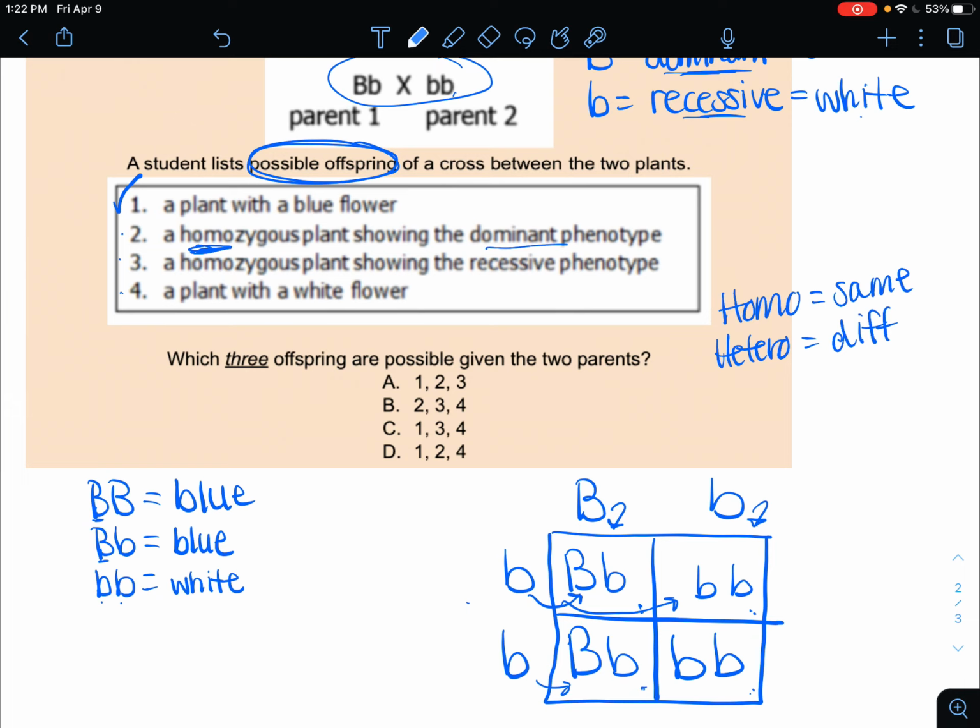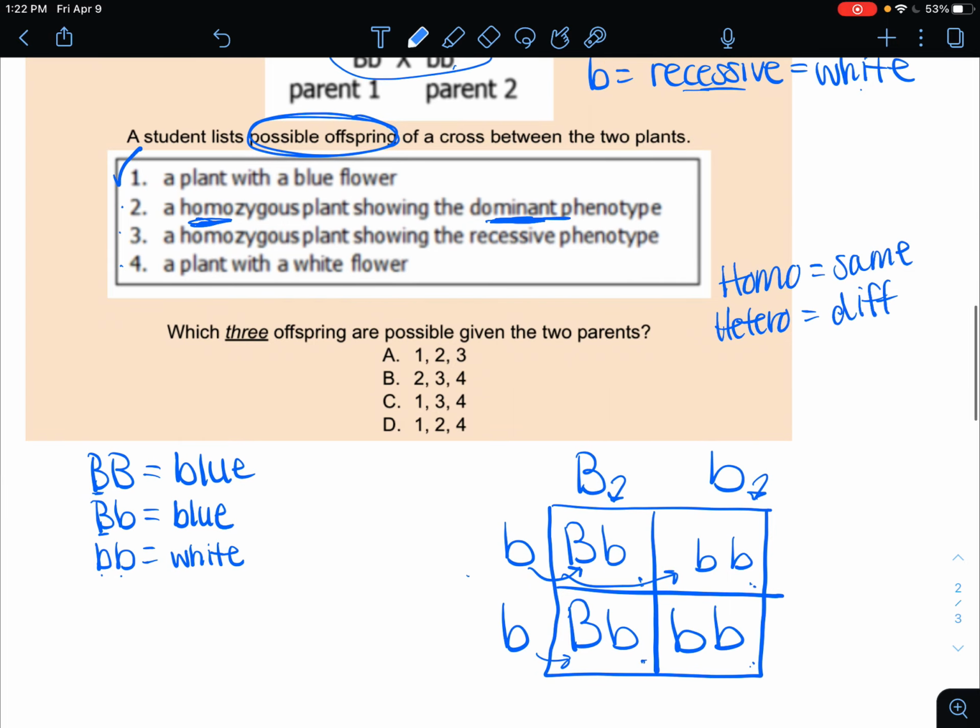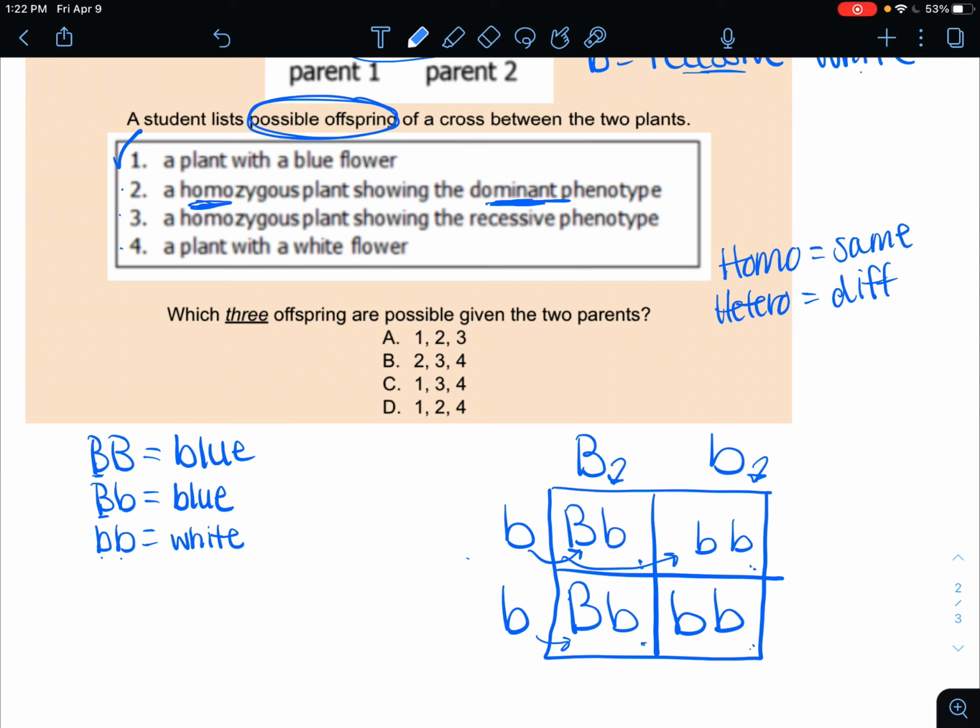And it says showing the dominant phenotype. So we are going to have two dominant alleles present because they're the same. Homo means same, and dominant, we're going to have the dominant allele. And the dominant allele, again, is that big uppercase letter. So we're going to have a big B and a big B for our homozygous dominant.